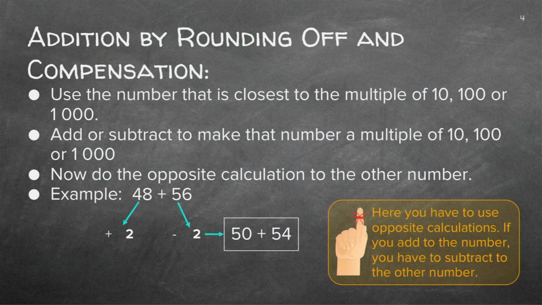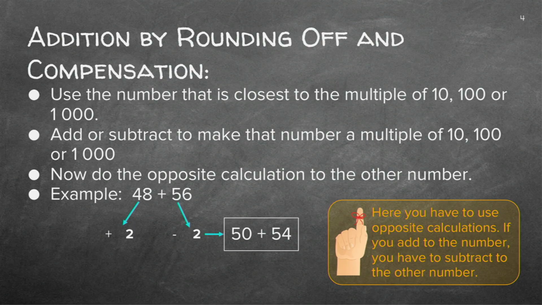We are going to start with addition by rounding off and compensation. Use the number that is closest to the multiple of 10, 100 or 1000. Add or subtract to the one number to make it a multiple of 10, 100 or 1000.